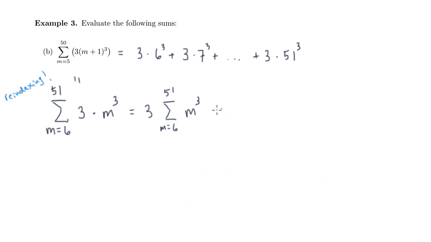Well, let's just make it start at 1. So this is 3 times the sum from 1 to 51 of m cubed. But now I really don't have the m equals 1, 2, 3, 4, 5 terms in this sum, so let me just subtract them.